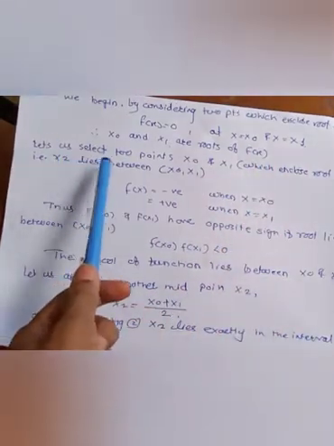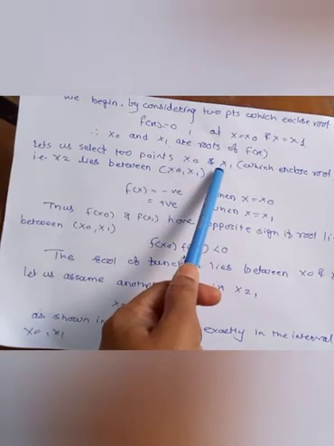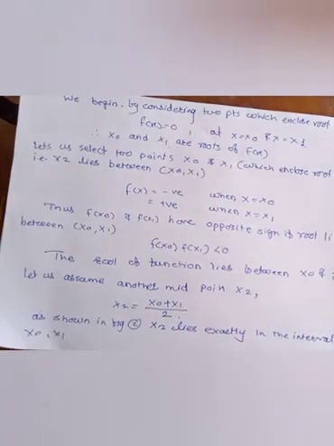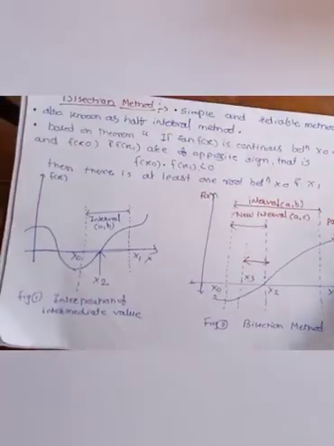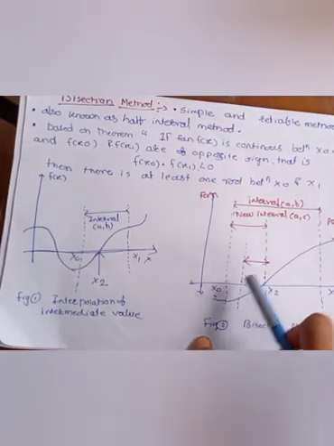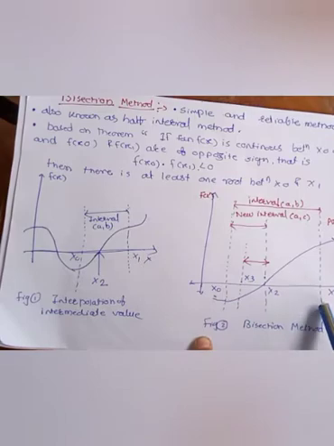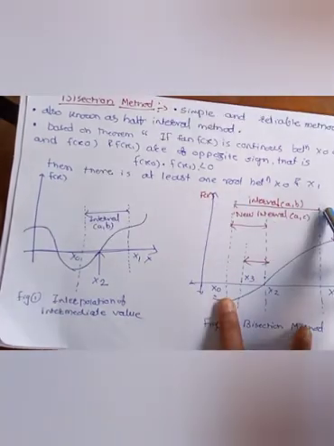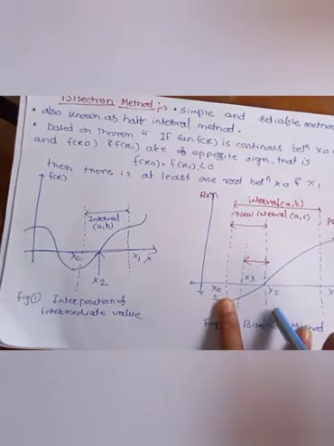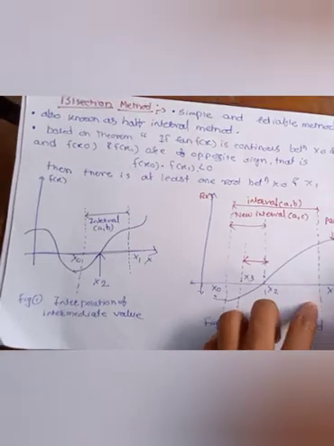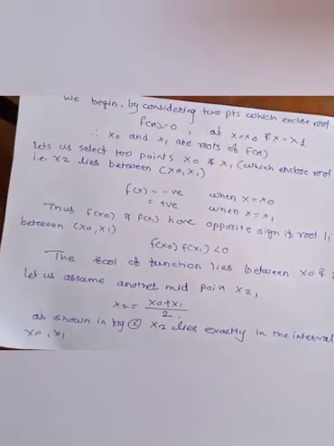So let us select 2 points x0 and x1 which enclose a root, that is x2 lies between x0 and x1, which is given here. See, the root x2 lies between the values x0 and x1, and this is known as interval AB. x2 lies exactly at the center of x0 and x1.